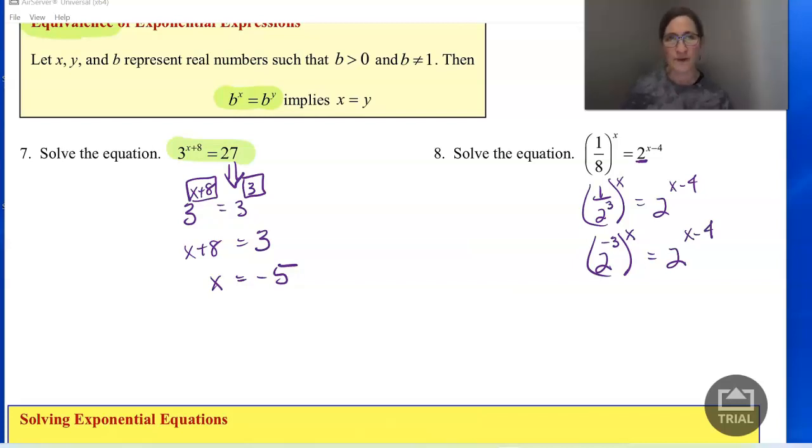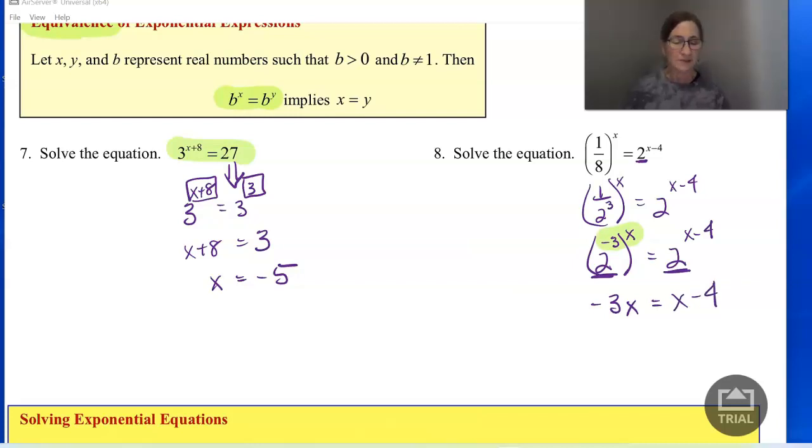Well, I know from my properties of integer exponents that when I have a power and an exponent, I just multiply them. So that means, since I have my bases that are the same, that I have a negative 3x equal to x minus 4.